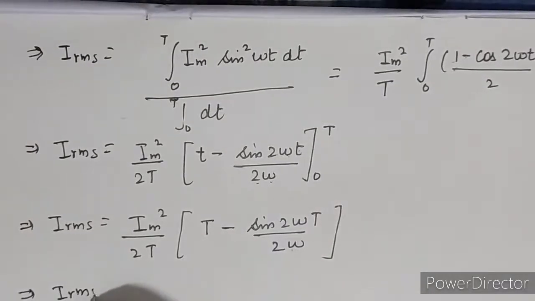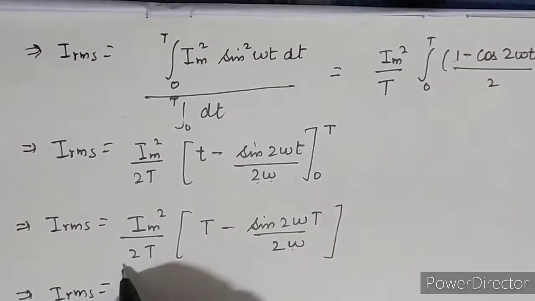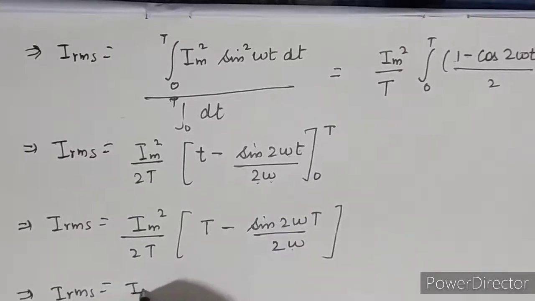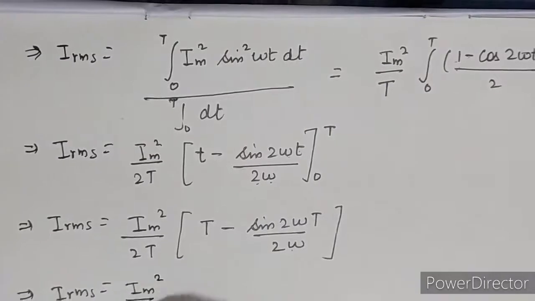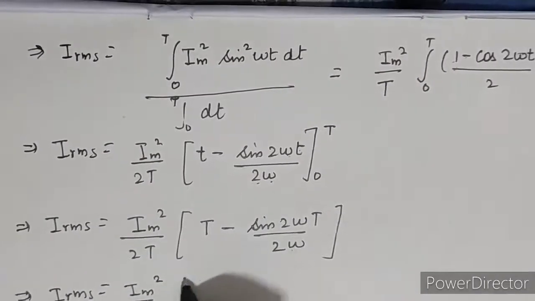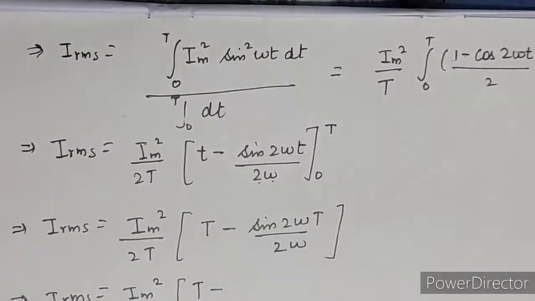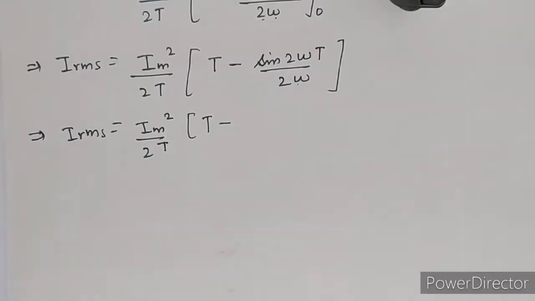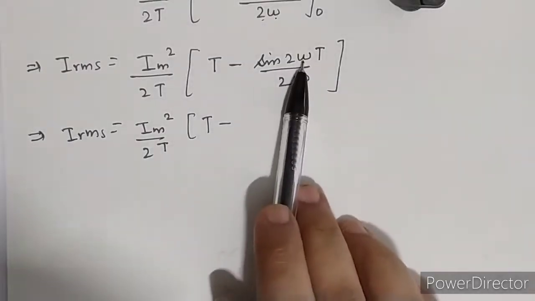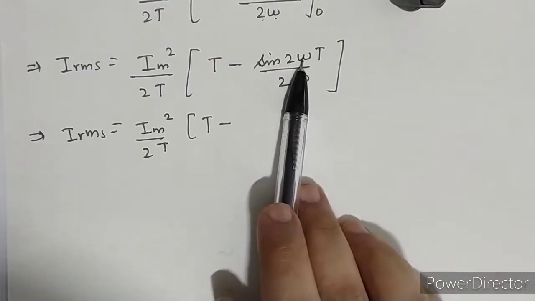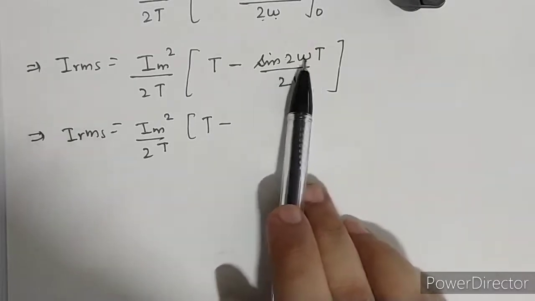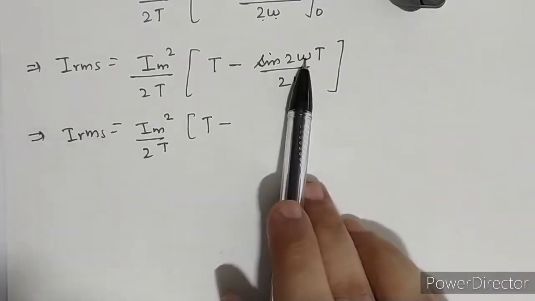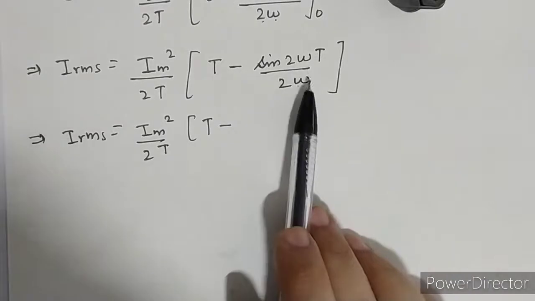I RMS is equal to Im square by 2T. Here T is there. When I put the value of omega, it will be 2 pi by T, so T and T cancel out. Sine 2 into 2 pi will be sine 4 pi. The angle will never be cancelled out.